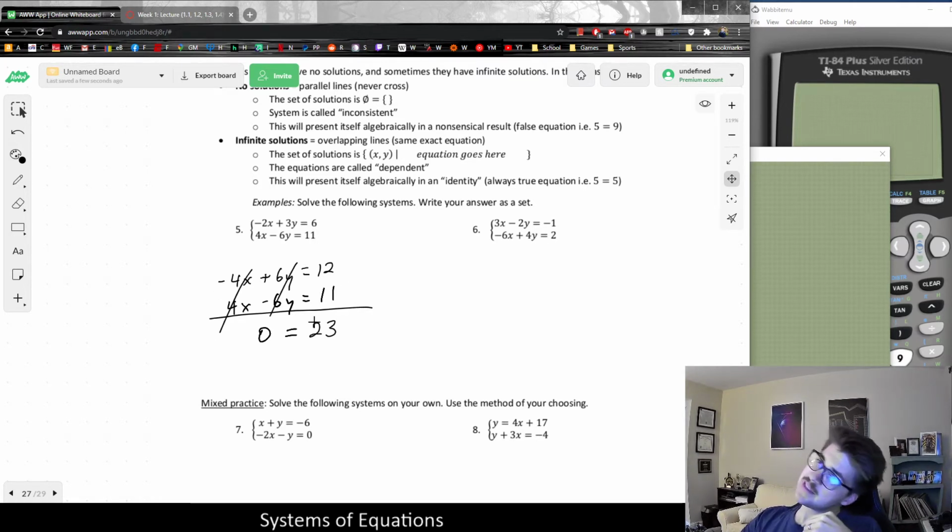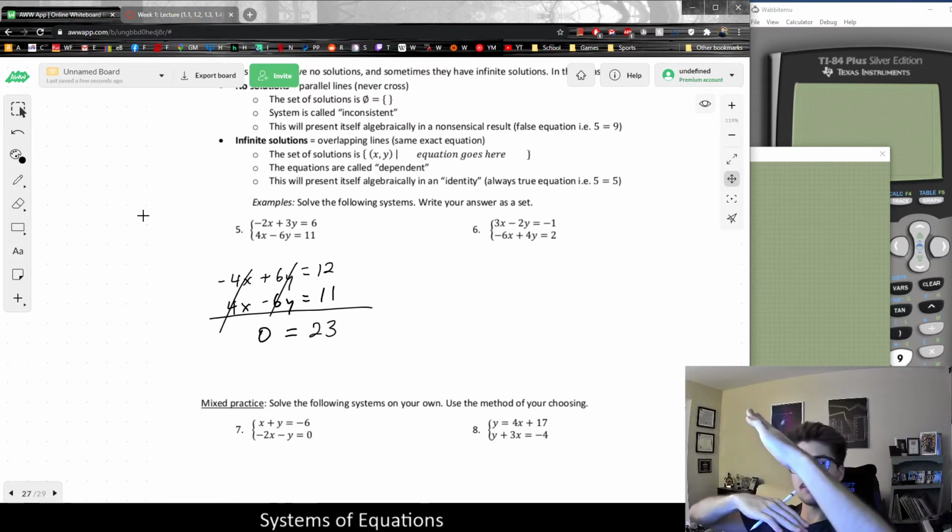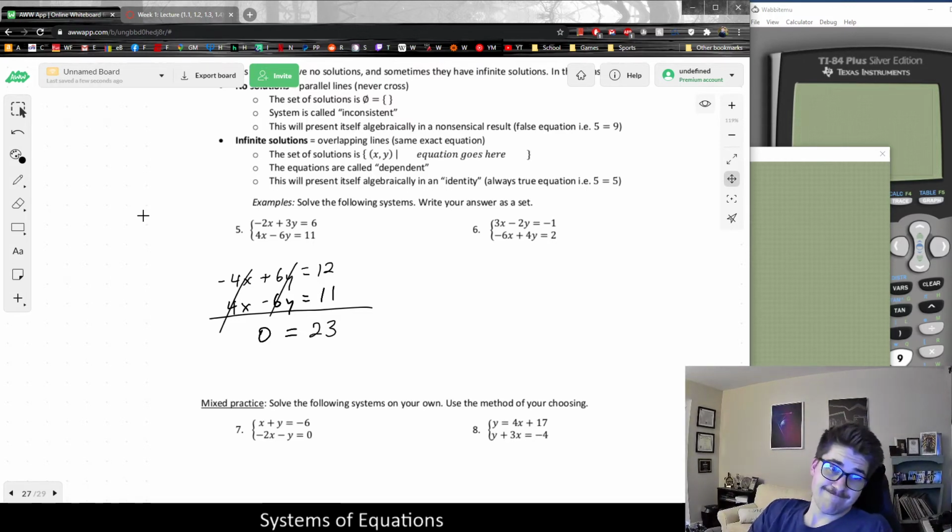Basically this is indicating that those lines are parallel. If you go back and analyze the slopes of these lines by solving for y, you'll see that they both have a positive 2/3 slope. But the problem is they have different intercepts, so they're never going to cross. Even if we try to find an answer, we're going to wind up with garbage.